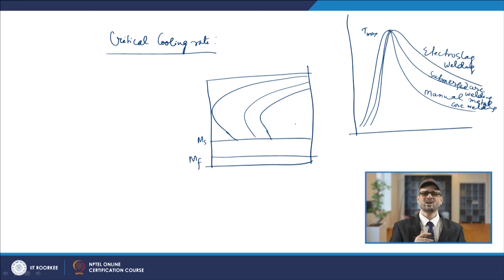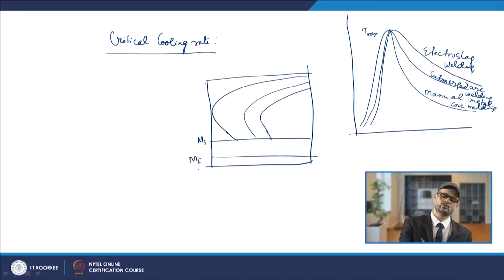Now that again depends on how you are managing this TTT curve, because in the case of normal materials, when your nose is here, you will have the chance of some cooling rate that will produce martensite. Now when you have lower hardenability, even with a higher cooling rate there is very little chance that you go into the martensitic zone.